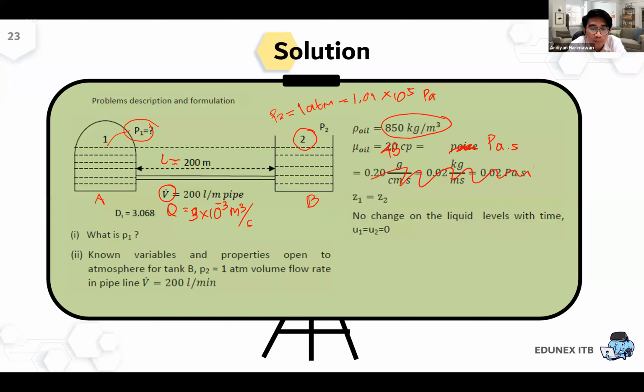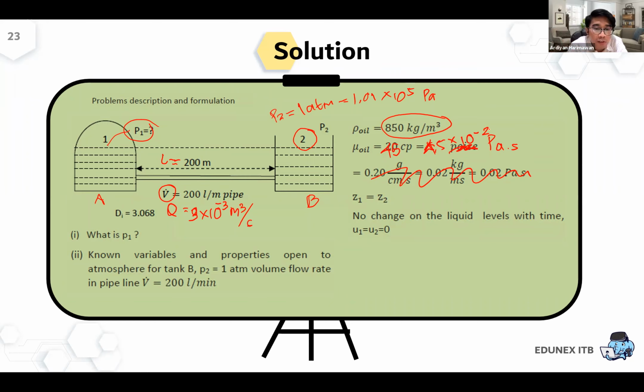So it should be 0.045. So 4.5 times 10 to the power of minus 2, right? Okay, now you convert the viscosity and then you convert all the other parameters.